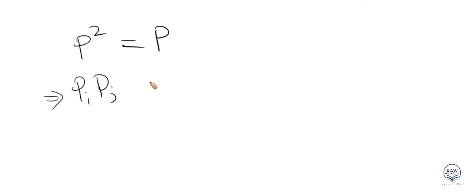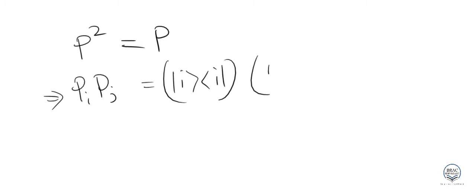And if you want to know the proof that projection squared is equal to projection itself, this is also easy, because if you write P squared as P_i and P_j, we want to see what is the resulting output. So P_i will be denoted by this and P_j will be denoted by this.